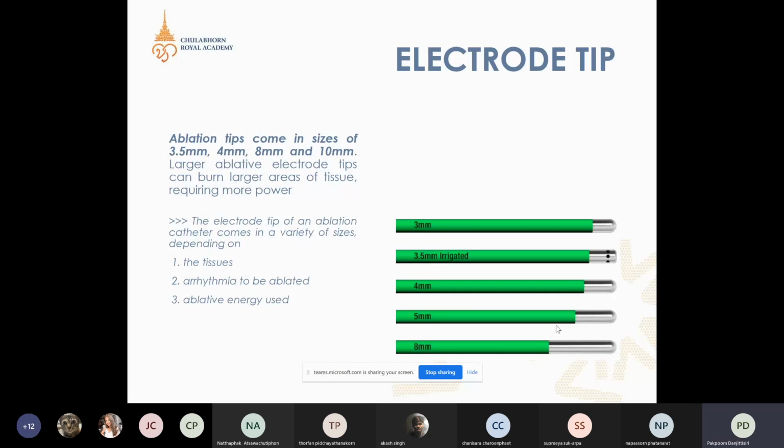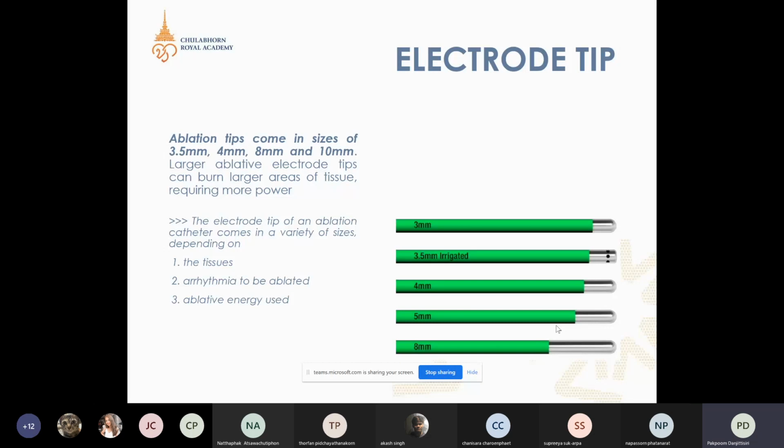If the doctor wants to ablate that area, which is quite thick, the doctor needs to use higher energy or power to destroy or burn that area, right?